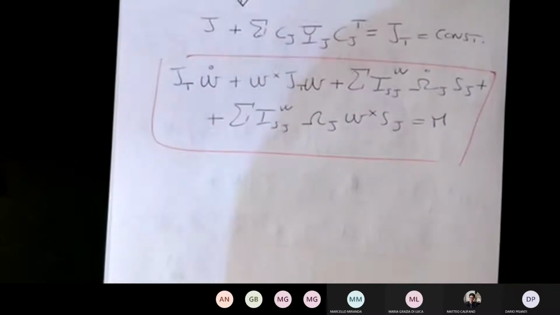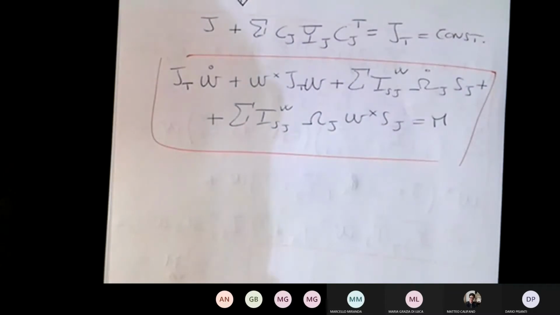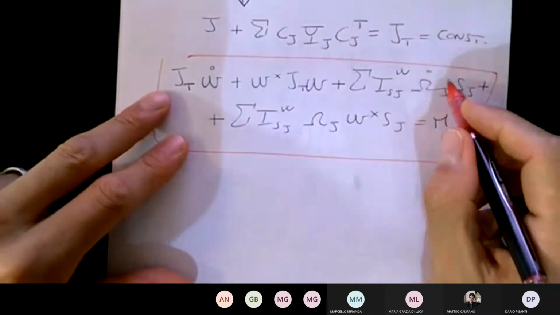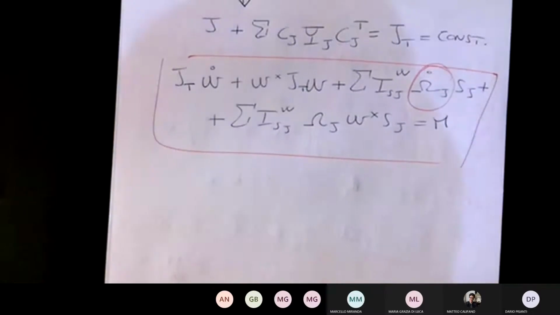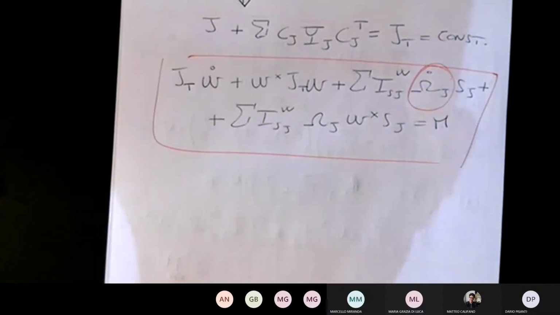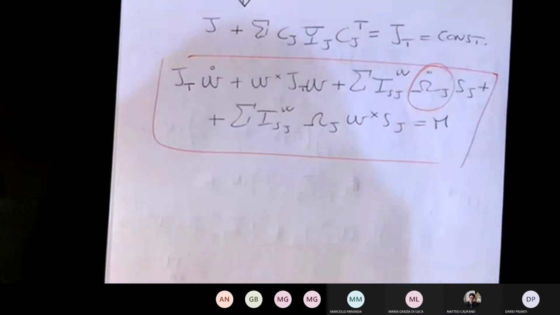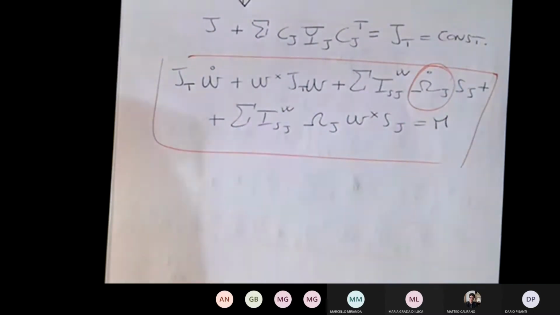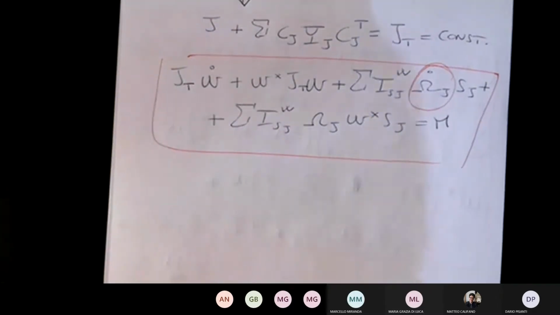What do we do in practice? Well, in practice, we control this variable. This is what you do with reaction wheels. You spin up or spin down the wheel to obtain that term that is really your control term. And you know, there's control laws that you can develop based on this equation, and we will see that.